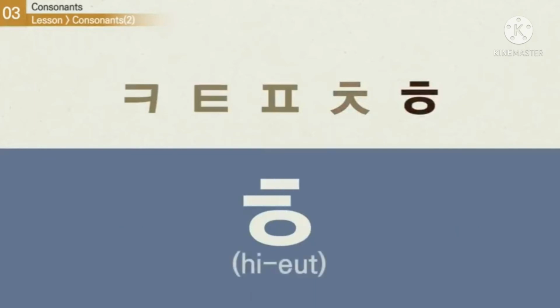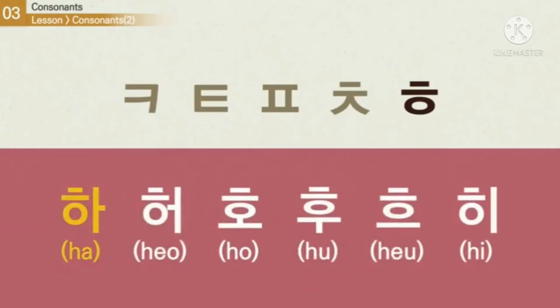Hyut is made by adding extra strokes on top of the iung character. It also requires you to push out more air. Listen carefully. 하, 허, 호, 후, 흐, 히.